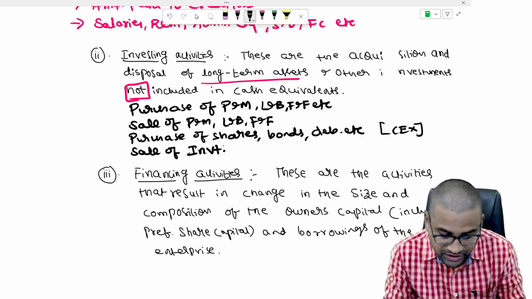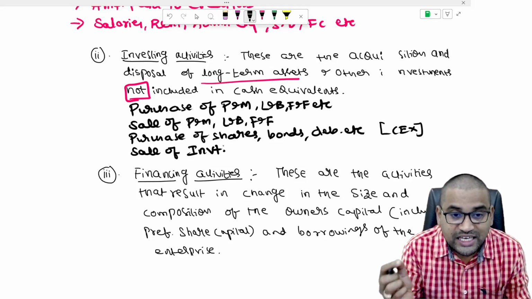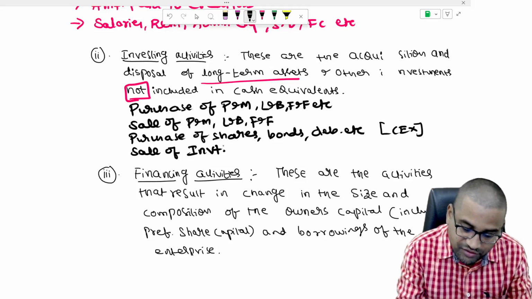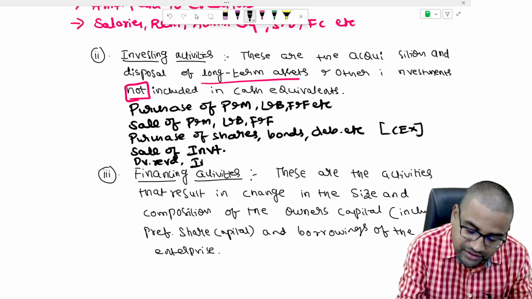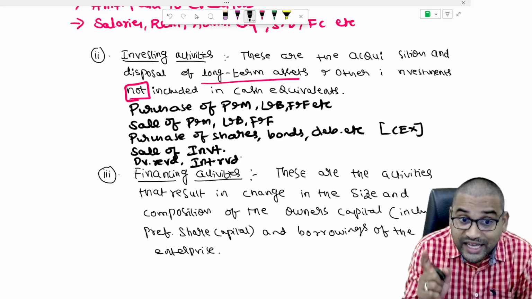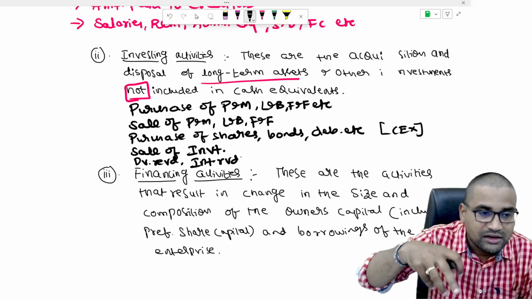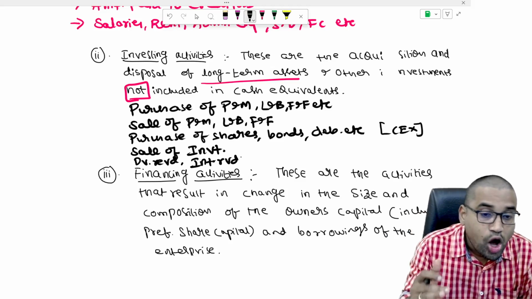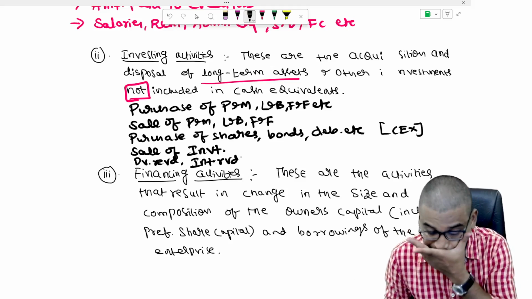Now see, important: when you make an investment, if you receive any dividend or interest from that investment, that is also investing activity. For example, dividend received, investing activity. Interest received, investing activity. Because if the particular item fits into a particular classification, all corresponding related items are also covered under that classification only.